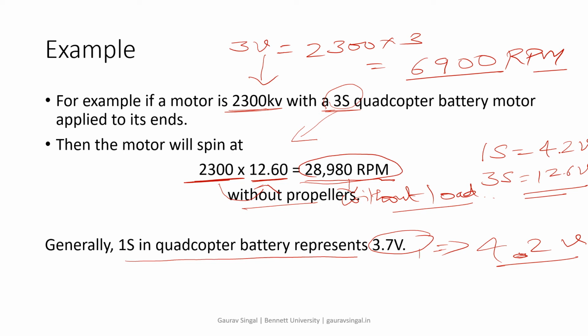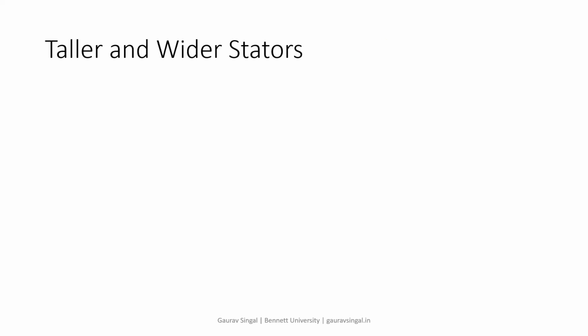If you want to go theoretically, you can simply use 2300 into 3.7 into 3, because there are 3S batteries. Multiply and see the number; this is the rotation per minute. We can calculate which one gives the higher value.